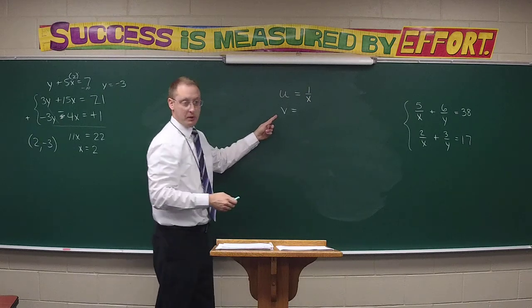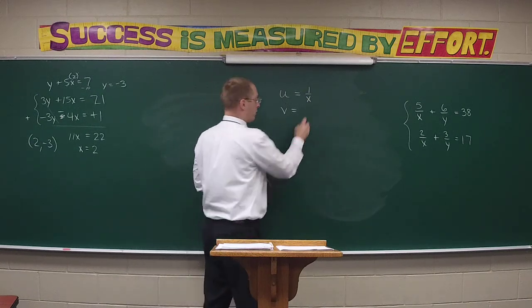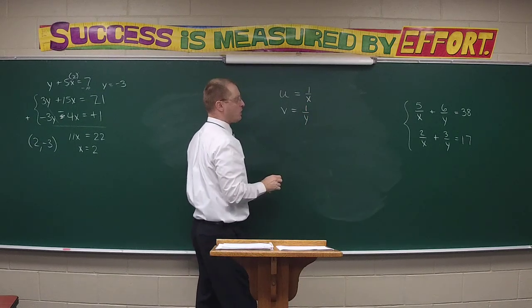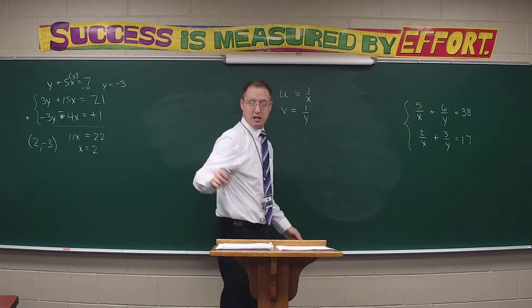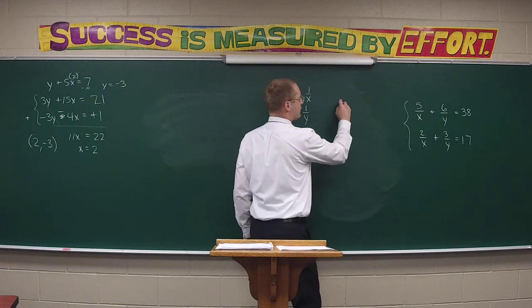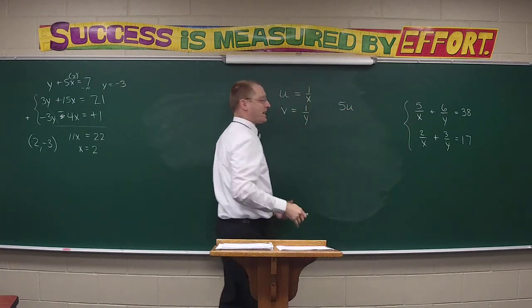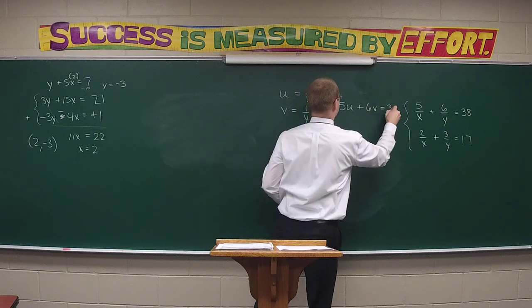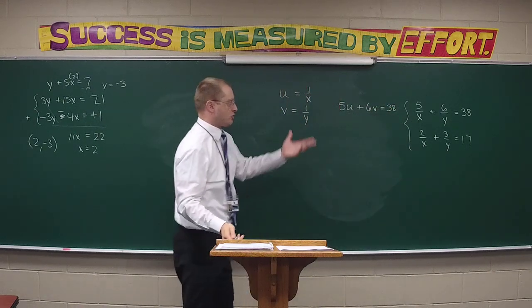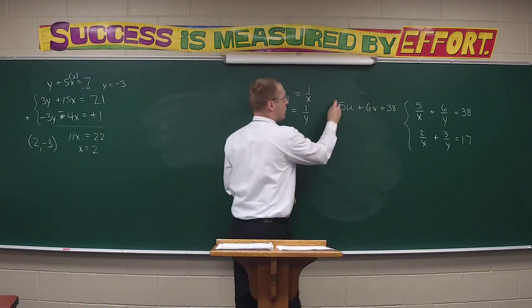And V is going to represent 1 over y, the reciprocal of y. So that if I've got a 5 over x, that can become 5u. And 6 over y becomes 6v. And then the 38 doesn't have any u's or v's because there's no x or y in the denominator.